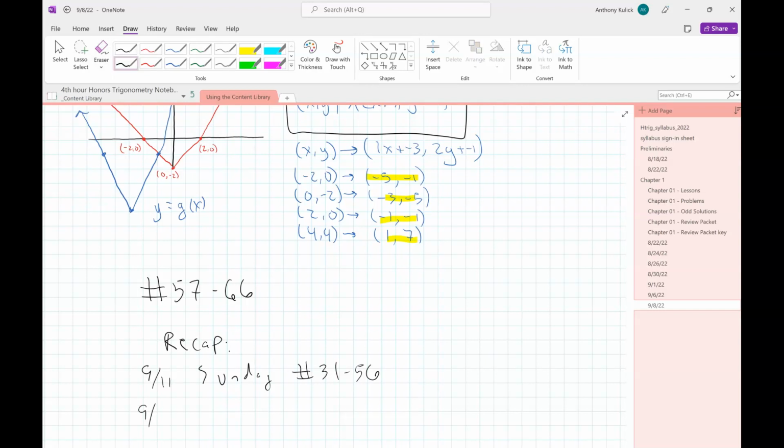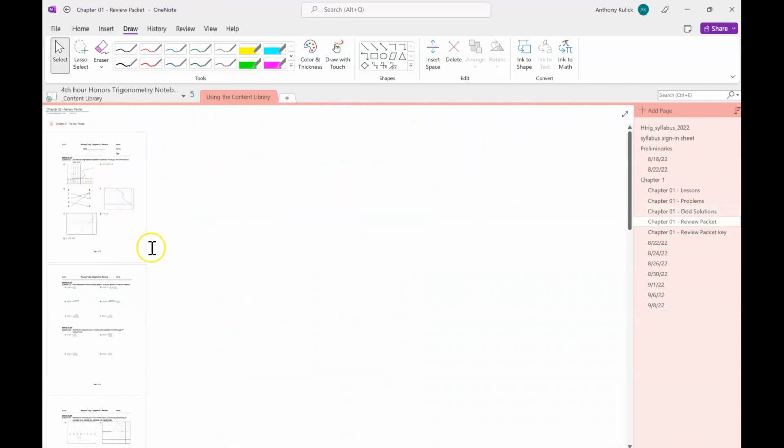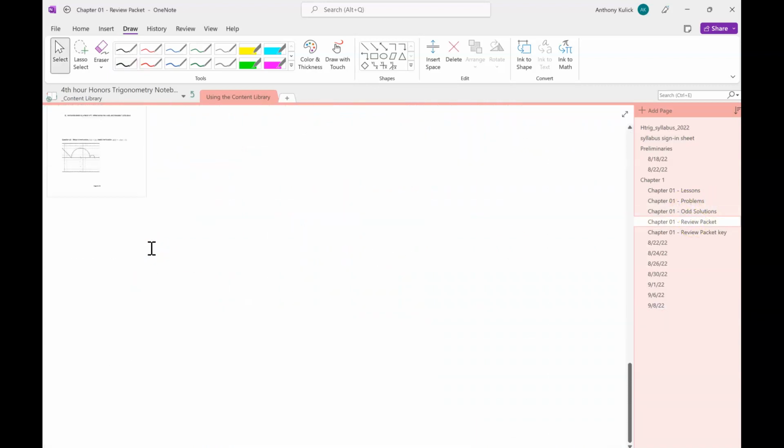And the following Sunday, the 18th, we're going to be going 57 to 66 plus the review, which again, if you look in the My Notre Dame, there's a review packet as well as worked out solutions for the review packet.